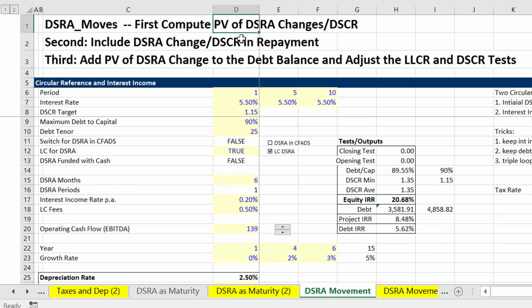I can't even remember it and say it. I really almost have to keep this open when I retry some of this. But you include the debt service reserve account in repayment, and you compute the present value of the debt service reserve account changes, and you divide them by the DSCR. Oh my gosh, remembering all these silly formulas, what a pain that would be.